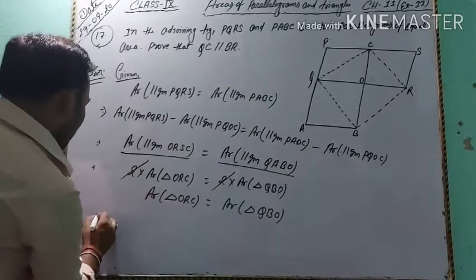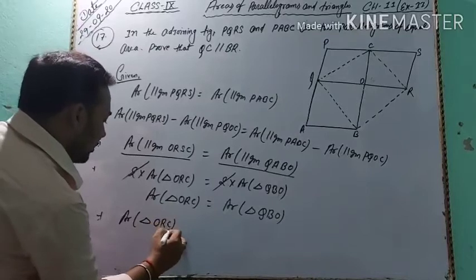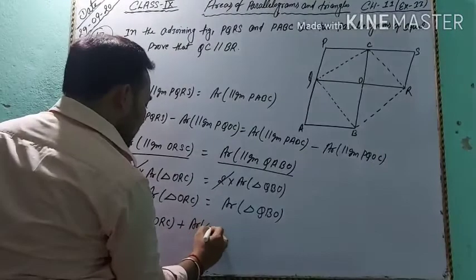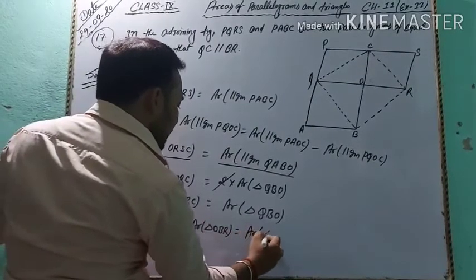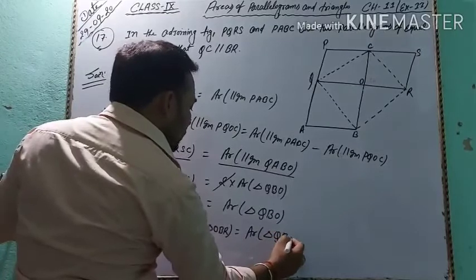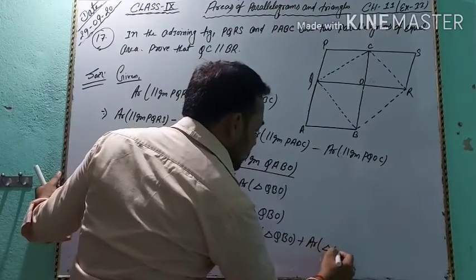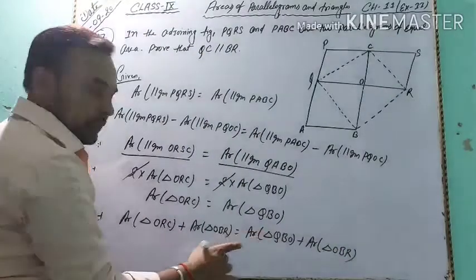So this implies area of triangle ORC plus area of triangle OBR is equal to area of triangle QBO plus area of triangle OBR. OBR added on both sides, okay.